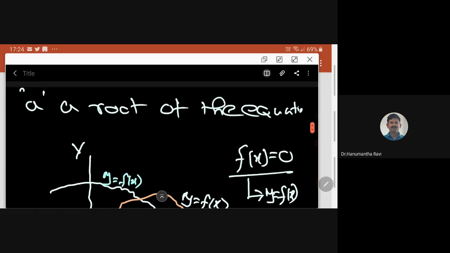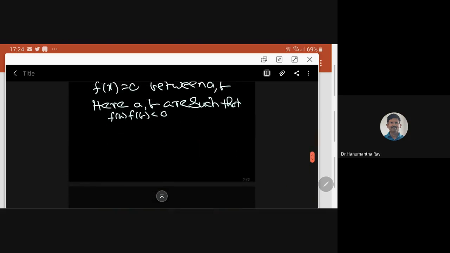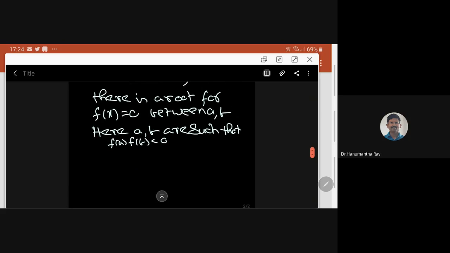Right, so this is what is exactly happening. To determine an approximate root, now you can see there is a root between a and b, one can say.